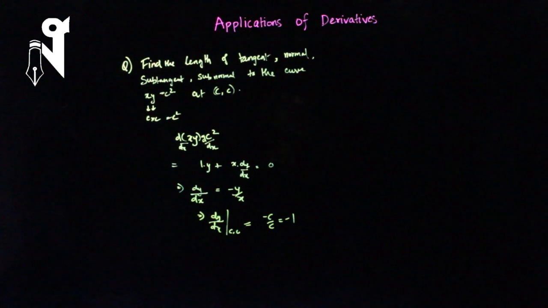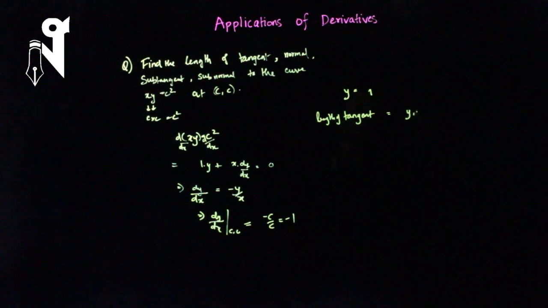Now in all the 4 formulae for tangent, normal, subtangent, subnormal, I just have to substitute the value of m as minus 1. Let's look at all the 4 formulae. The very first one, length of tangent, is equal to y1 root 1 plus 1 by m square.